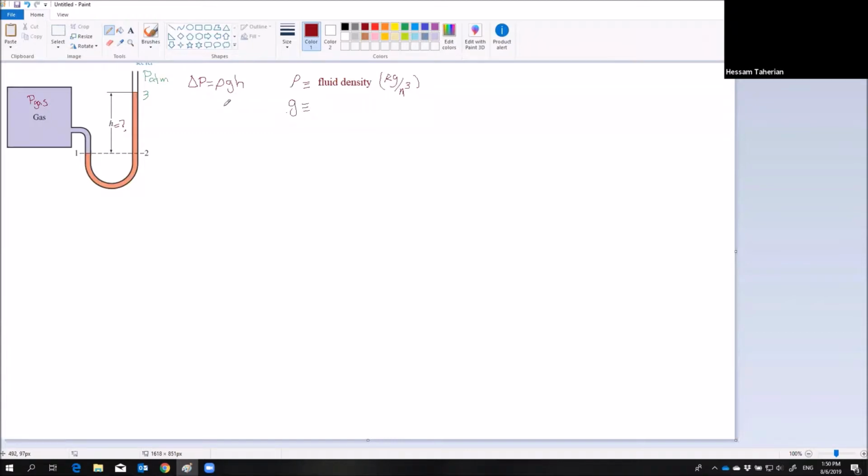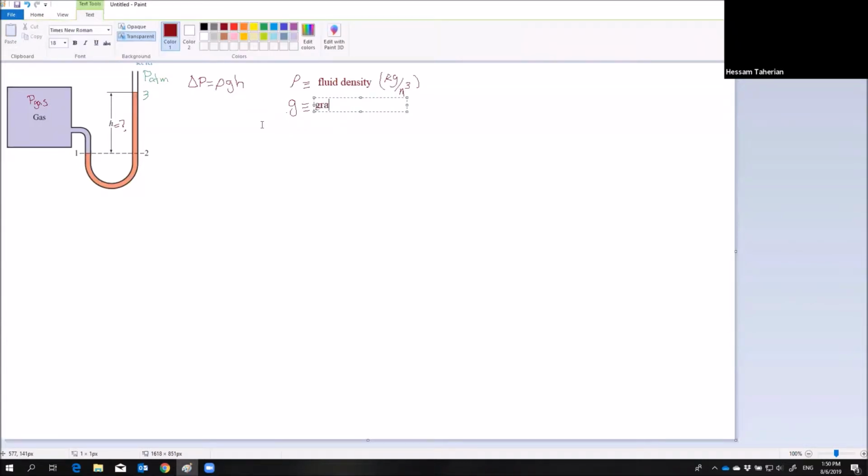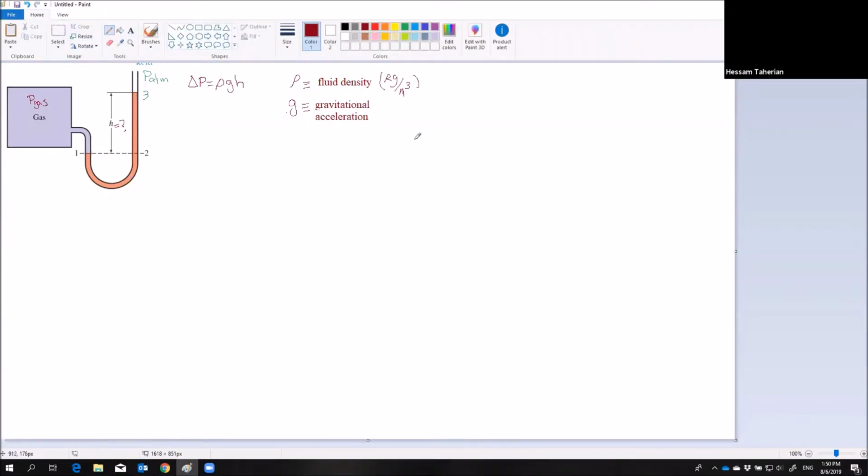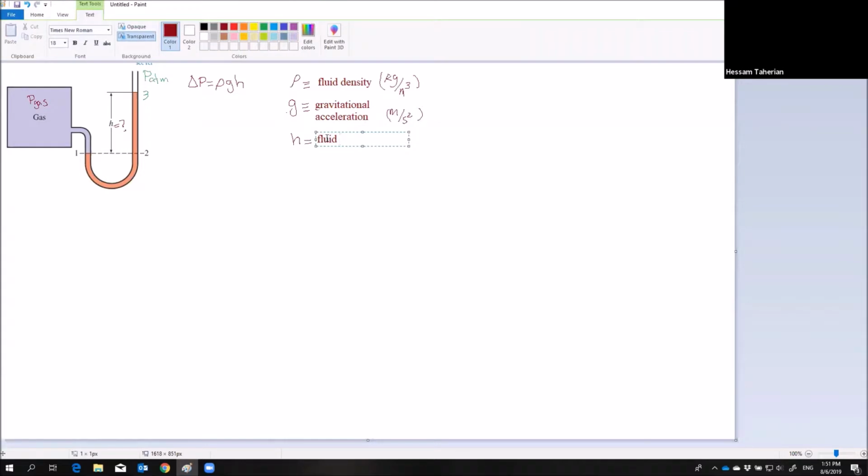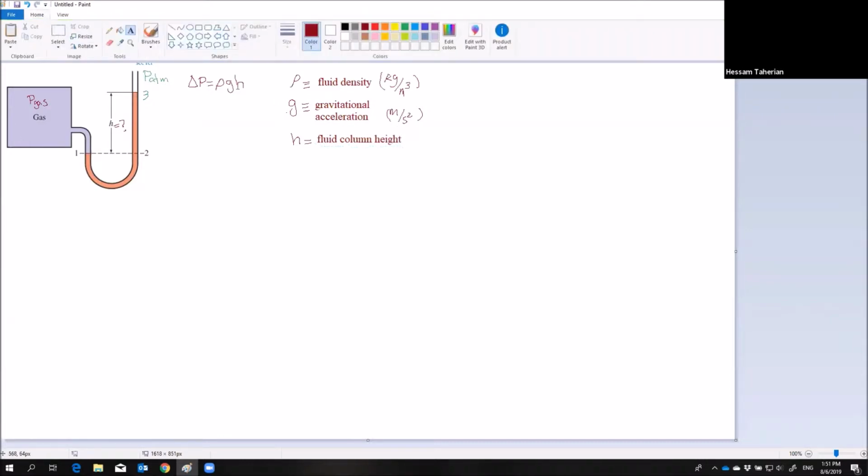G is the gravitational acceleration with the unit meters per square second. And finally, H is fluid column height, and that should be given in meters.